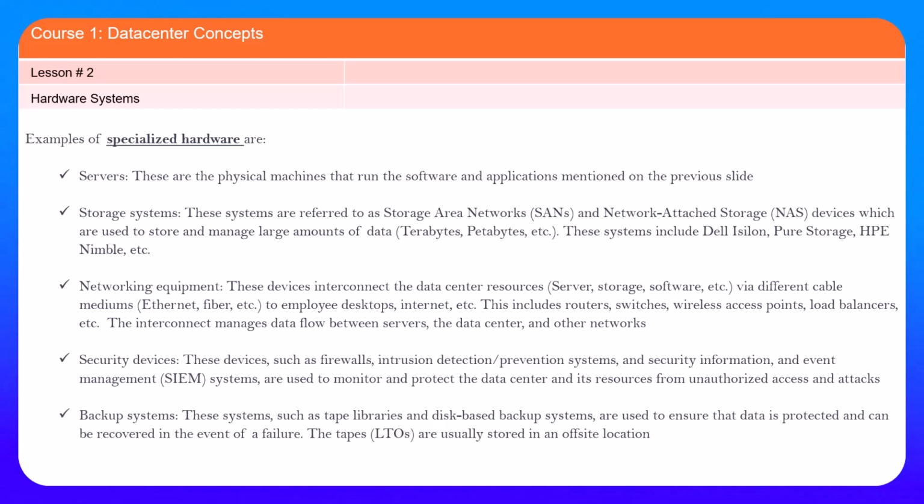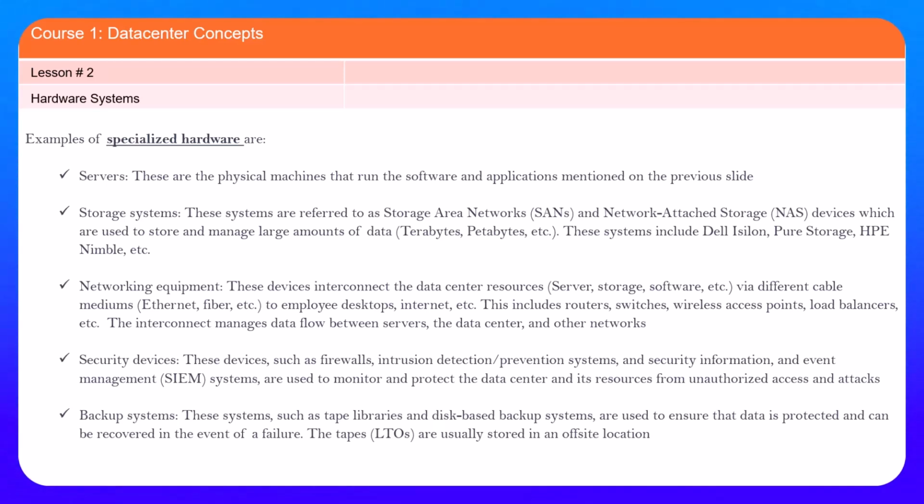And also you have what you call SIEM, right? Which collects data from multiple systems and goes through detection to make sure that your resources are being protected. The SIEM monitors and protects the data center and its resources from cyber attack, in this case unauthorized access and attack.